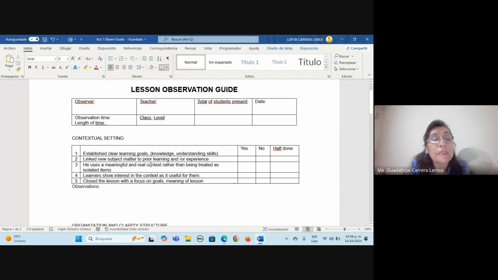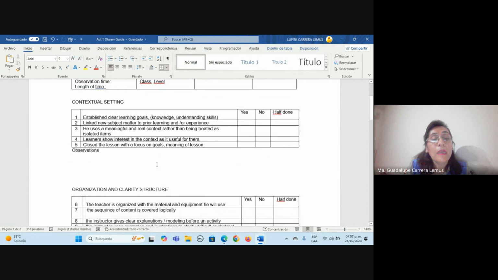So I have questions such as if the teacher established clear learning goals, if the teacher linked the new subject matter with the prior knowledge, if he uses meaningful and real context rather than being treated as isolated items, if the learners show interest in the context as it's useful for them, and if the teacher at the end of the lesson closed the lesson with a focus on goals, or if the objective was achieved in some way.